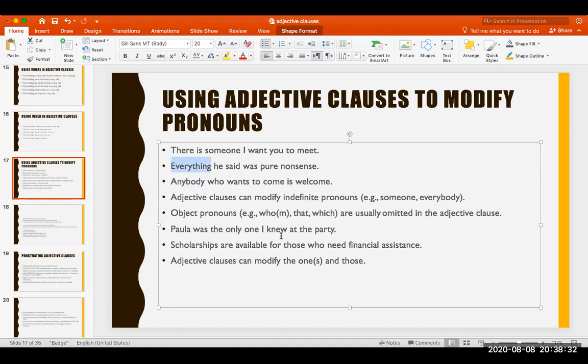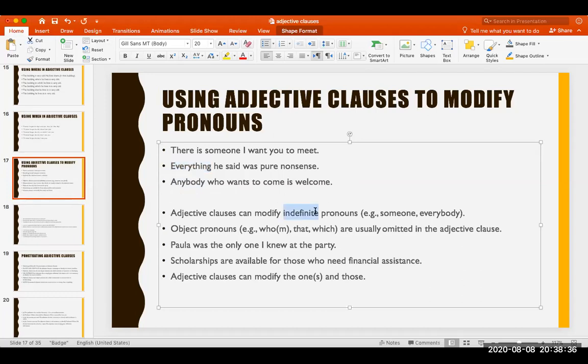Anybody who wants to come is welcome. So adjective clauses here can modify indefinite pronouns. Indefinite because they can refer to anybody, someone, everybody, anybody, everything, for things. So object pronouns who or whom, that, and which are usually omitted in adjective clauses in this case.